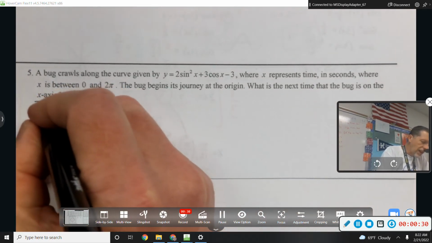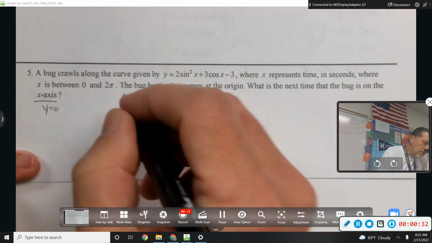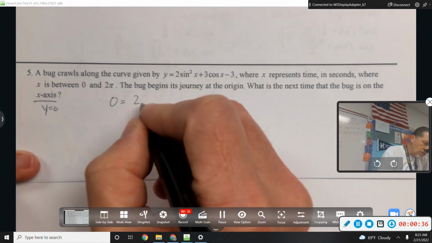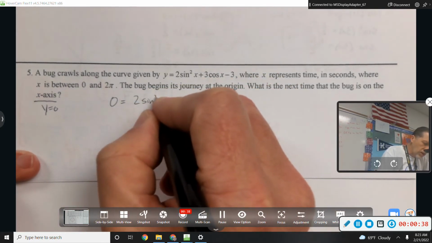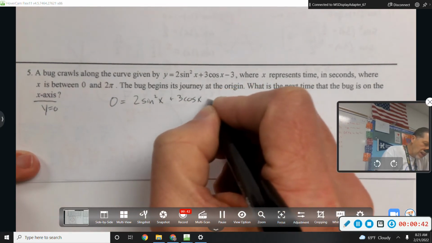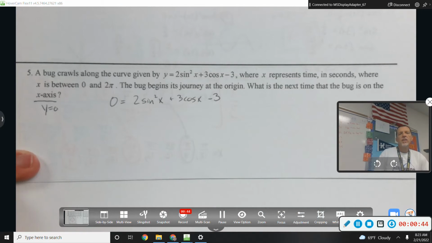Let's see, x-axis would mean y equals 0. So let's put 0 in for y. Oh, I don't like this one, and I see why you don't like it, I think. What's the problem with this one?